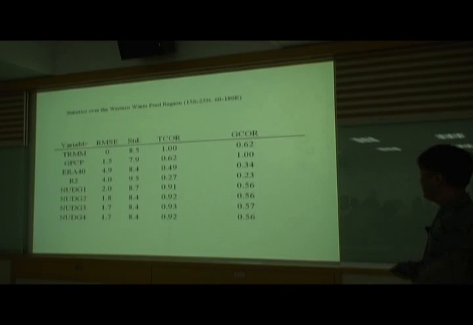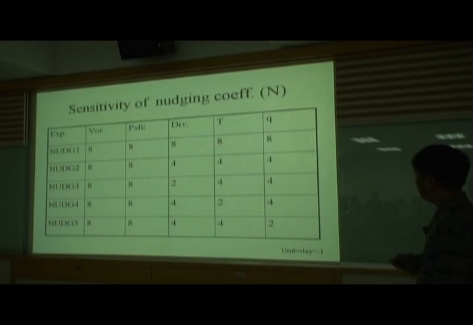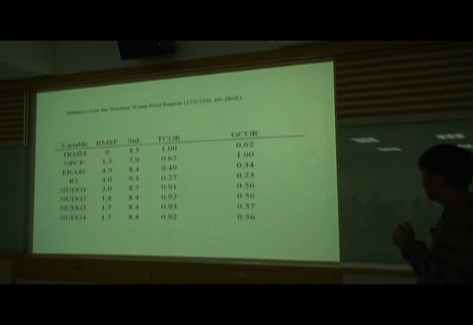And nudge 1 is strongly nudged. Except for nudge 1, nudge 2, 3, 4 show very similar statistics. So if we provide weak nudging on the divergence and temperature and Q, then it gives quite a good result.